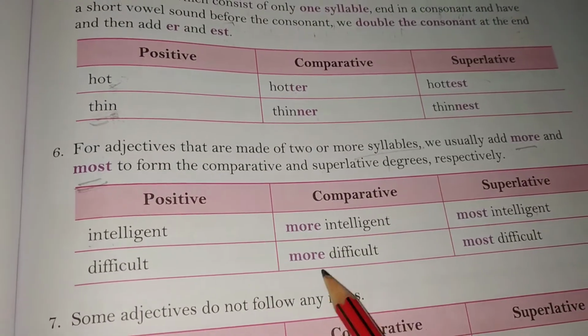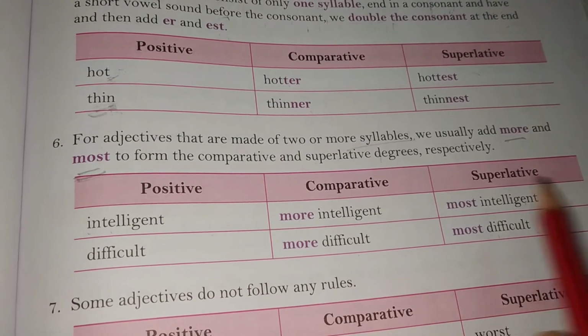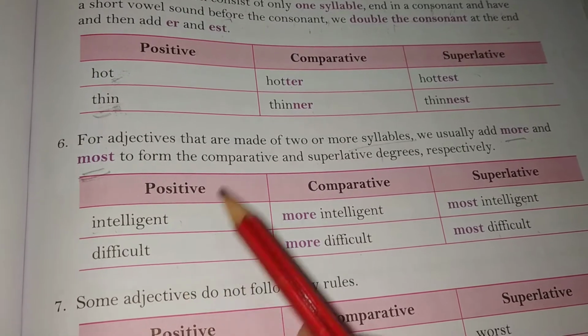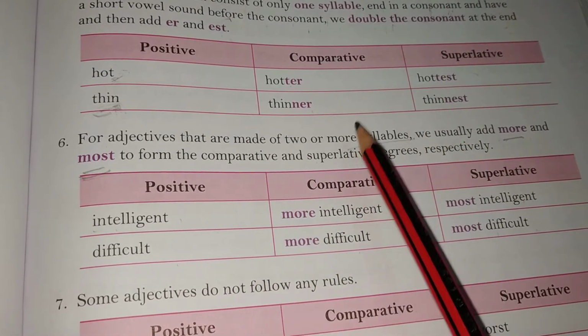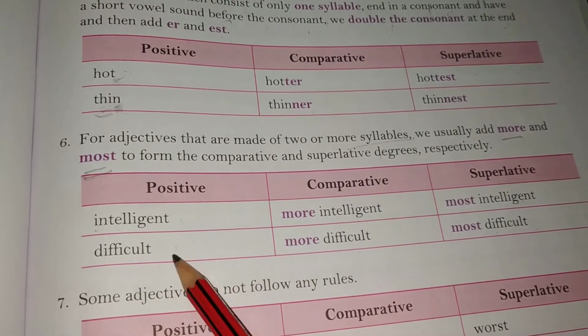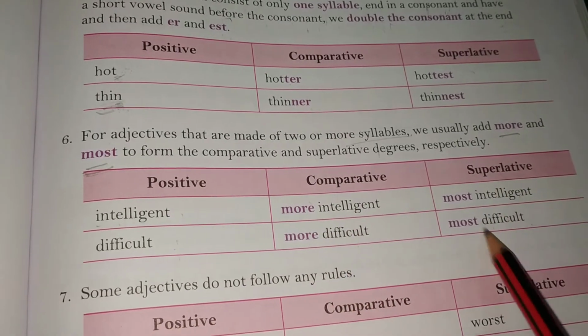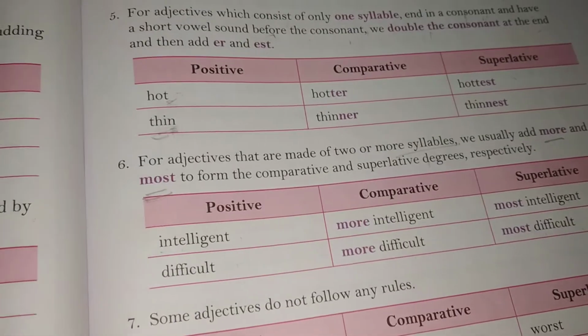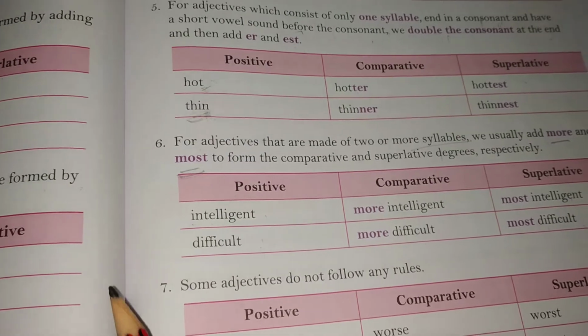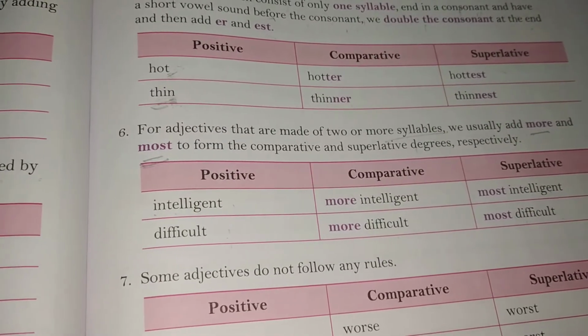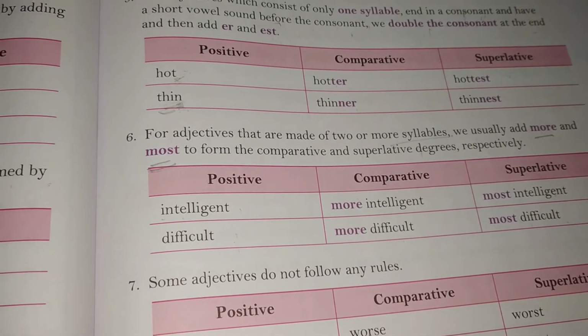Difficult, more difficult, most difficult. These are words of more than one syllable. That's why we add more and most. Like more beautiful, most beautiful, more useful, most useful.